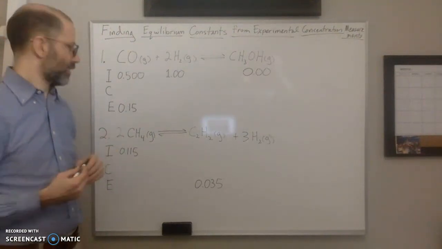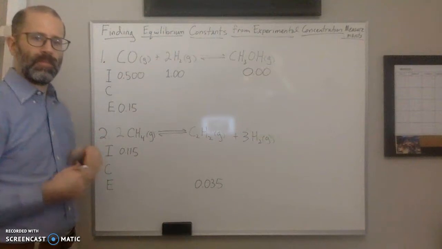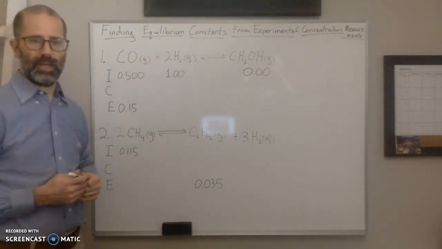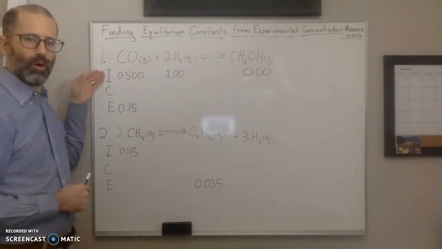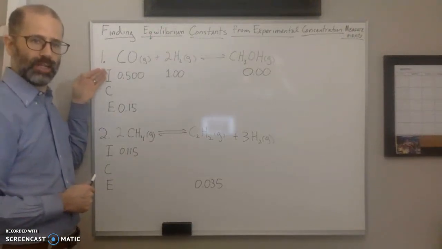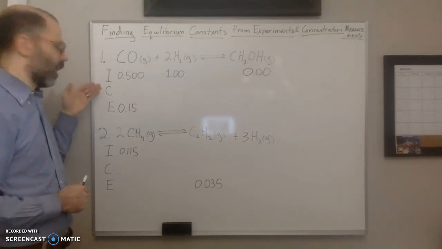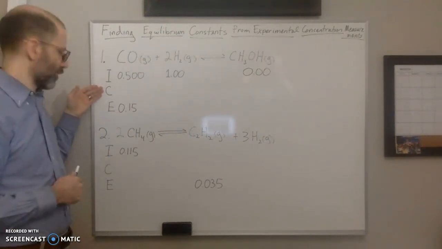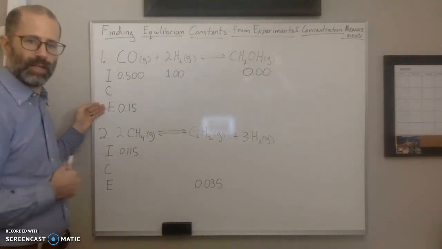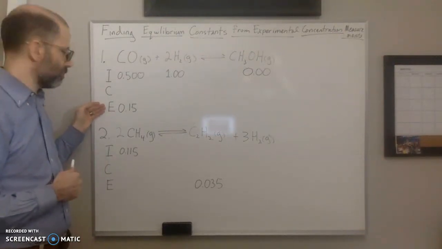So what I do is I set up my ICE table and I put in the information that they give me. So here's my ICE table. I is for initial starting concentrations, C is for the change in the concentration, and E is whatever concentrations I have at equilibrium.